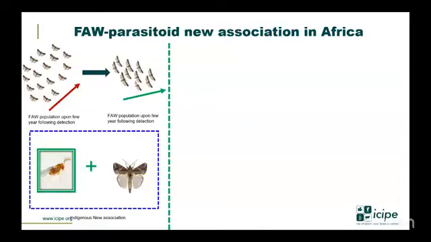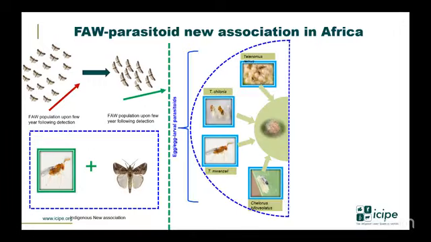So we zeroed in to find out, because this could be largely why the fall armyworm initially exploded, but after some time somehow it is stabilizing. We are not saying it's not a problem, it is still a problem, but it's not as it was initially when it came. And the parasitoids could be one of the contributors to this stabilization.